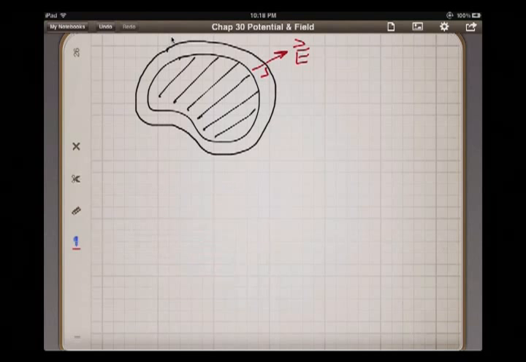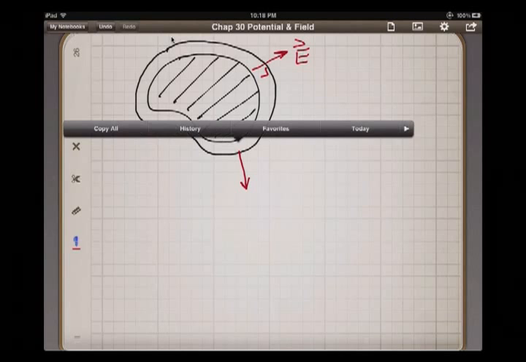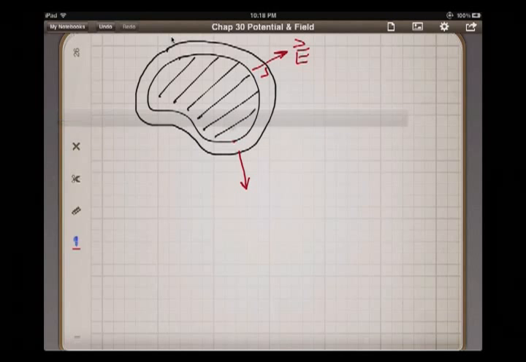The reason being that they must also be perpendicular to the electric field, and the electric field at this point and at this point are not going to change very much. They would still pretty much point in the same direction. So the shape of the conductor is preserved on the equipotentials near the conductor.